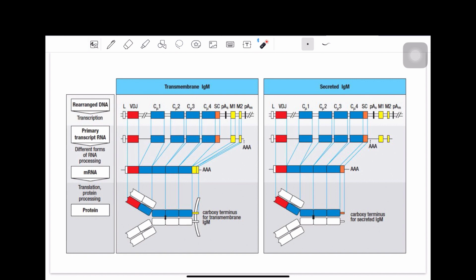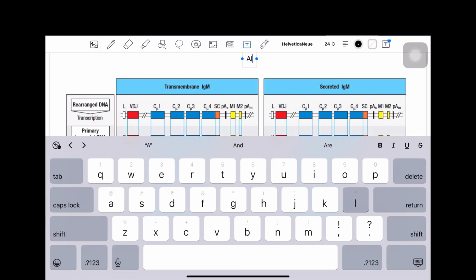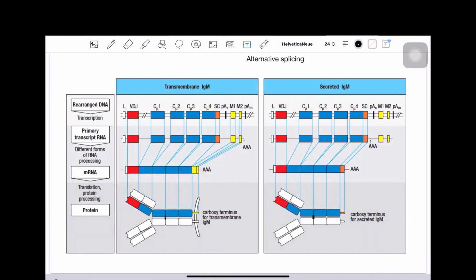This is actually the phenomenon that helps to generate the two forms of the antibodies. One is transmembrane, another is secreted.